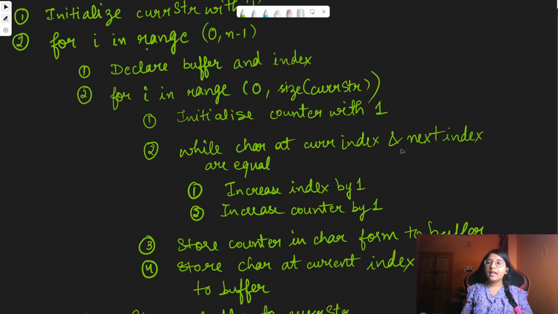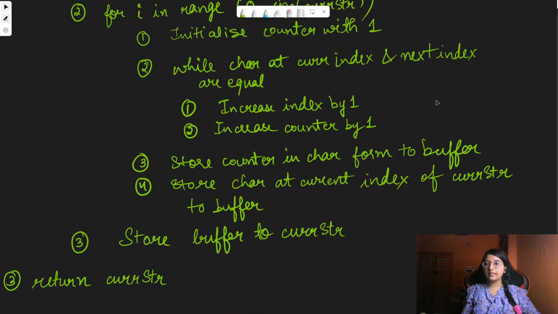And then, while the char at the current index and the next index are equal, we use another loop to check this. Until both characters are equal, we keep increasing our count and our index. That is why we take another loop inside the same.